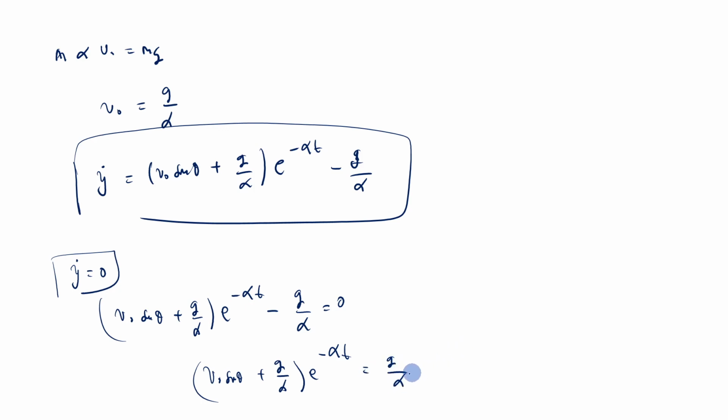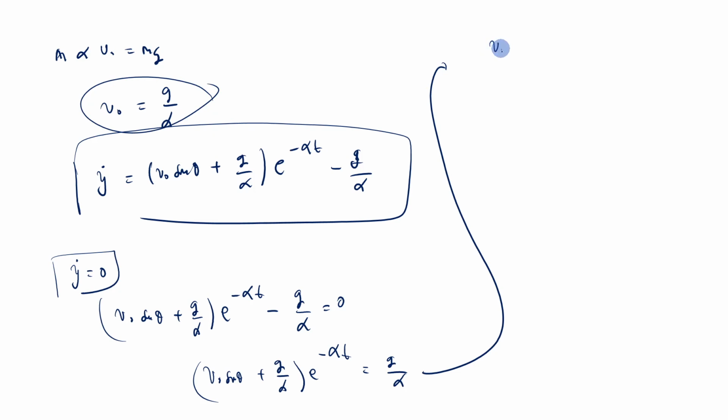Okay, we can make some compilation of this term g divided by alpha with the same value of this. So V0 sin theta plus V0, in the bracket, times e to the minus alpha t equals V0, of course, and we can simplify this equation by dividing by V0.